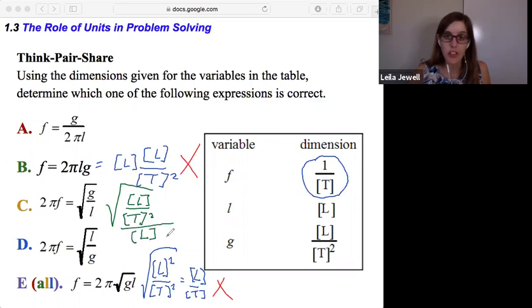It gets a little bit tricky when you have fractions and division there. But remember, you can write the division of the bottom one as being multiplied by the inverse. So I'll come up here for that.